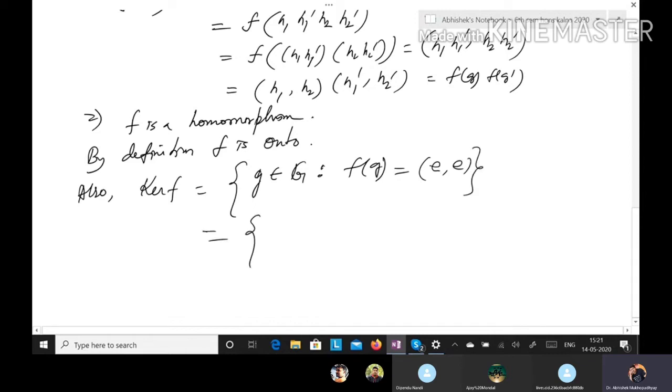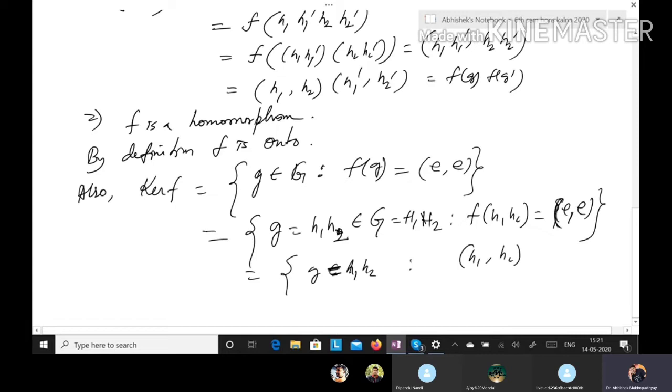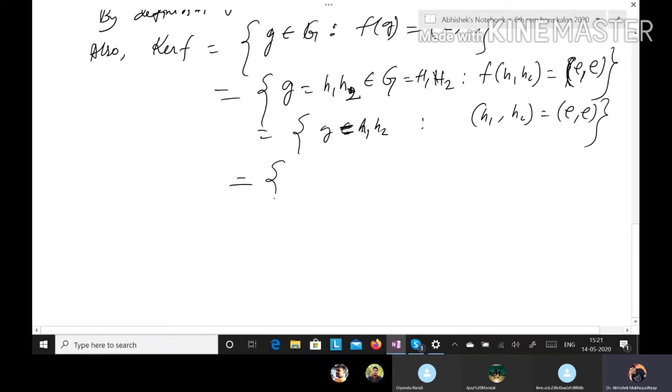That is the set of all g where g can be expressed as h1 h2 uniquely such that F of h1 h2 is (e, e), that is, the set of all g equal to h1 h2 where h1, h2 both are identity.